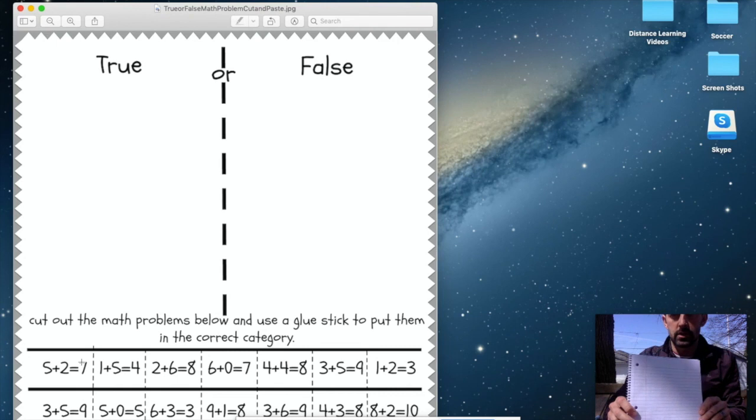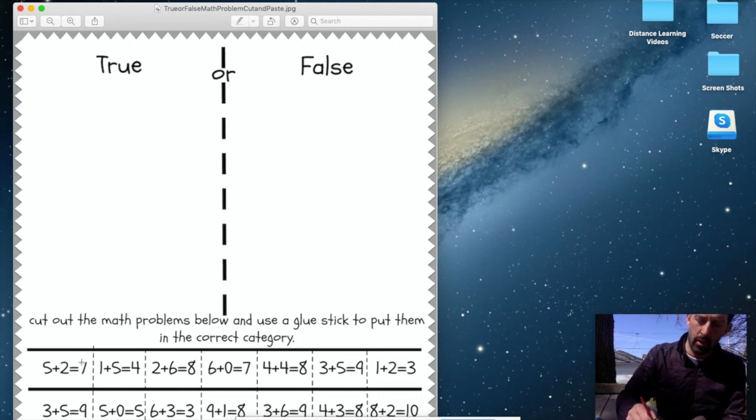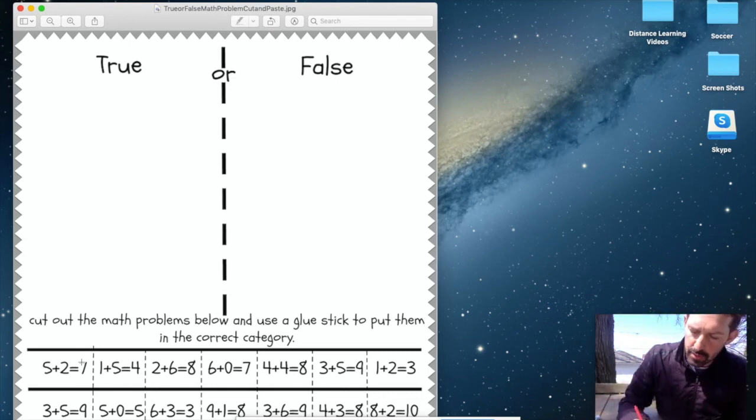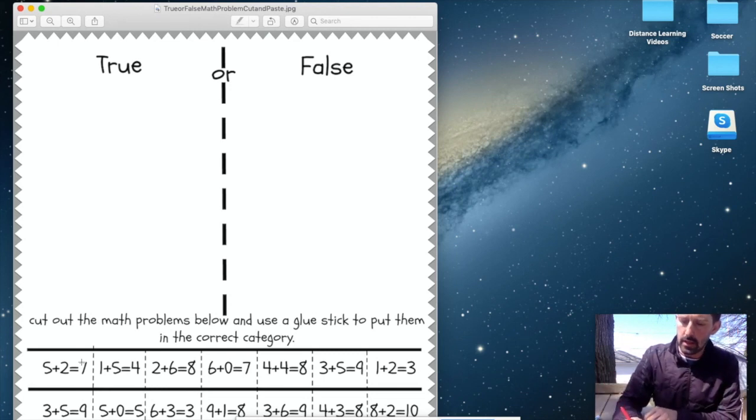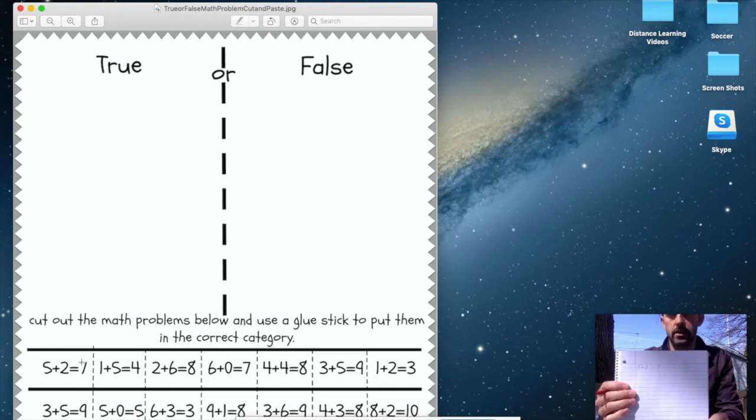So if I'm going to use the sheet of paper, I'll look at the first equation, 5 plus 2 equals 7. I can record that on my piece of paper, 5 plus 2 equals 7, and work through that equation to see if it is true or false.